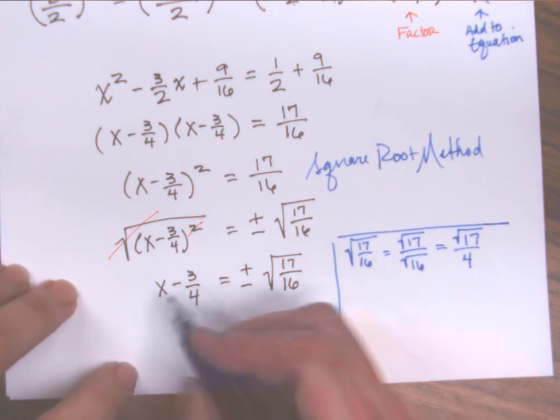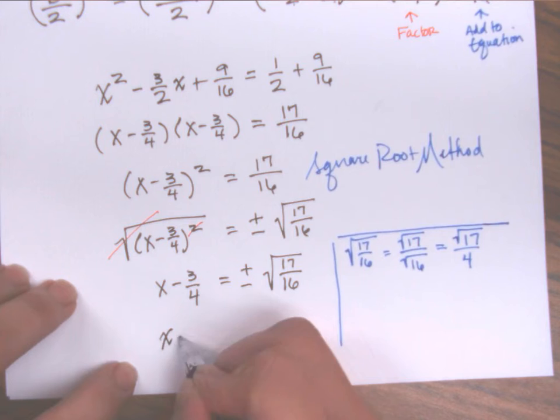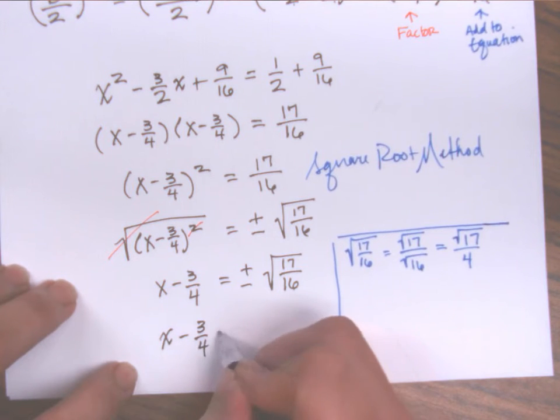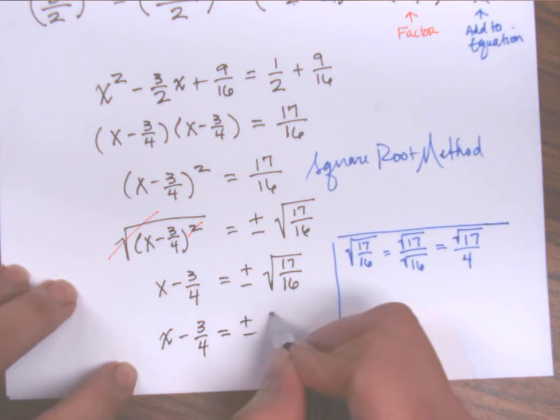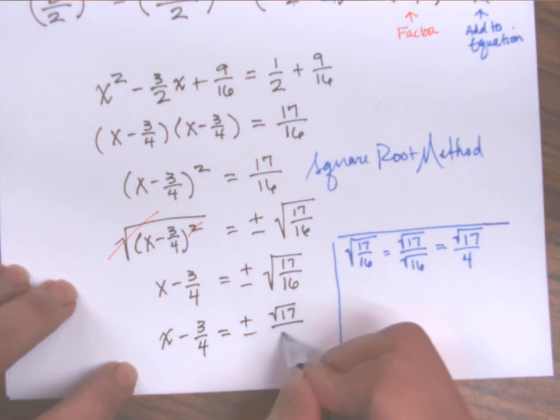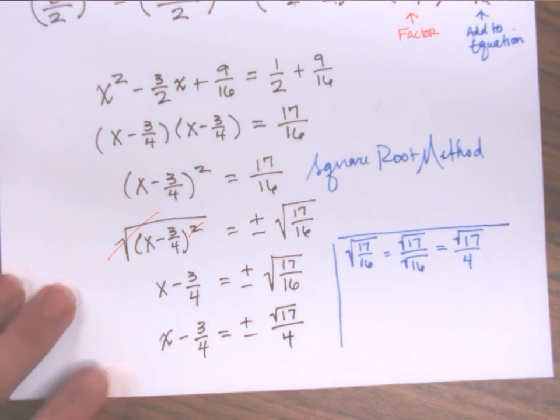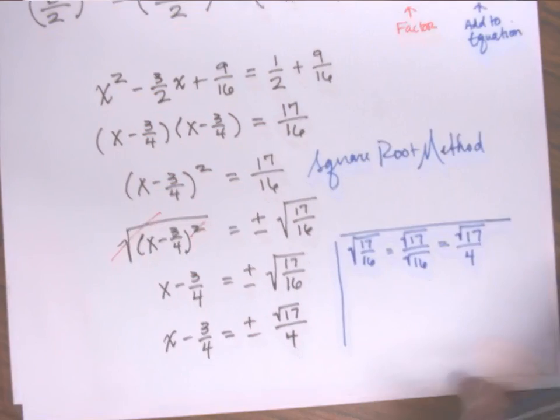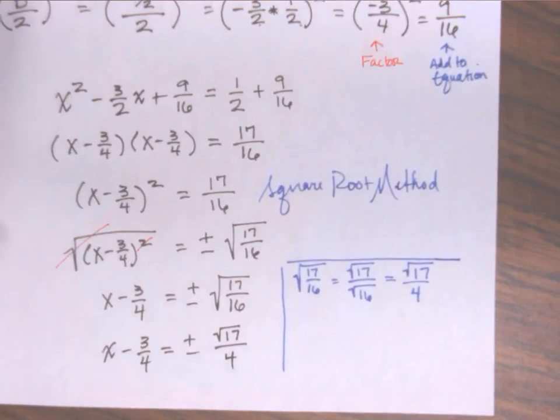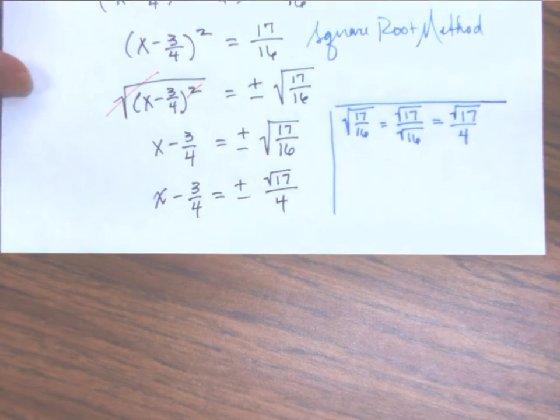So going back to my equation, I'm looking at x minus 3/4 equals plus or minus the square root of 17 over 4. Okay. Let me move this up and get some new paper.